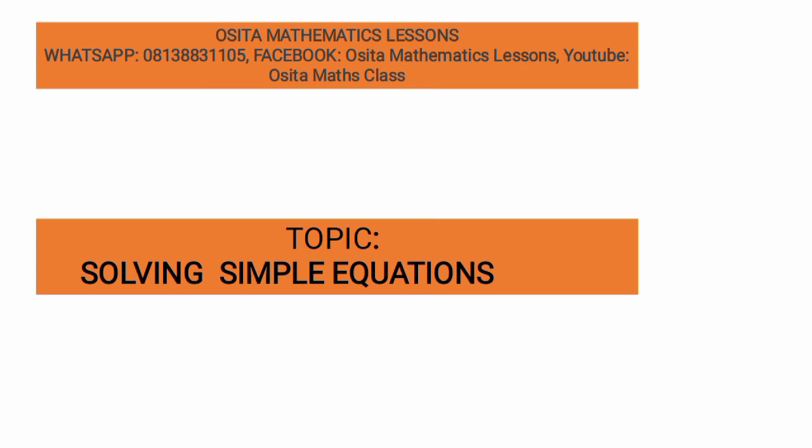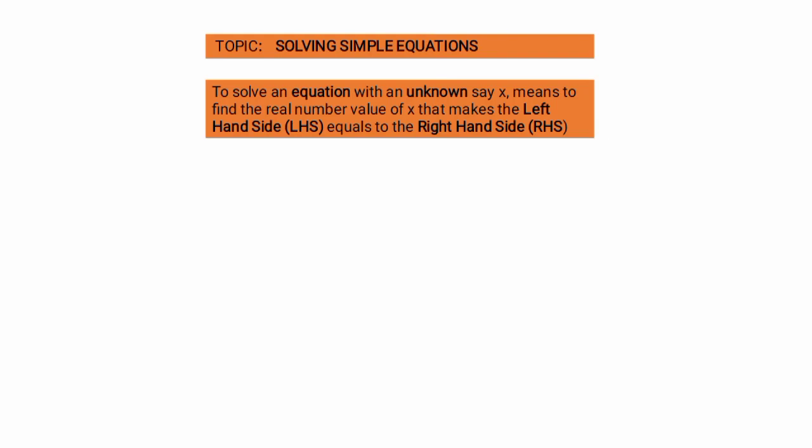But today we want to learn how to solve simple equations. How do we solve simple equations? What does it mean to solve an equation? To solve an equation with an unknown, let's say x, means to find the real number value. That means to find a number that makes the left hand side equal to the right hand side.